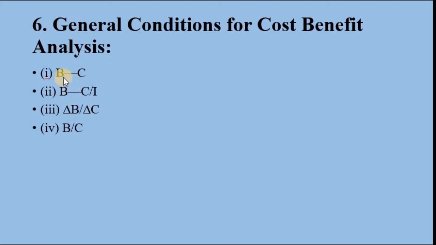Especially B minus C, that is benefit minus cost, largely favors large projects and makes small and medium size projects less beneficial. And that's why the scale of the project matters on the basis of maximization of the difference between benefit minus cost.